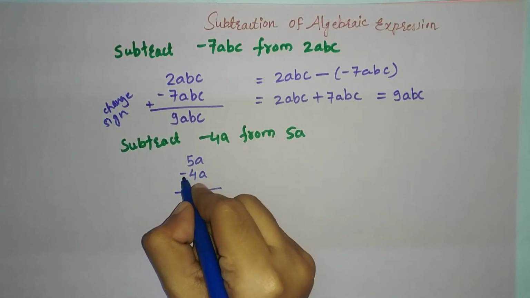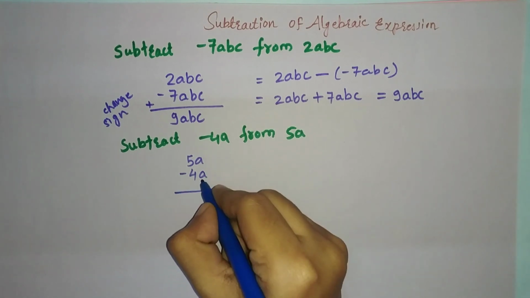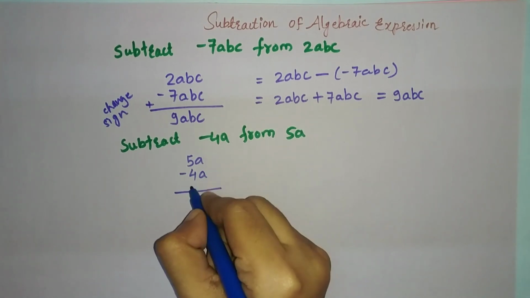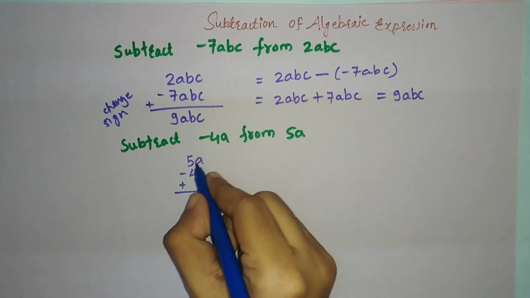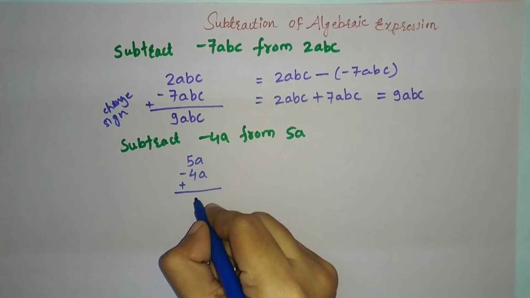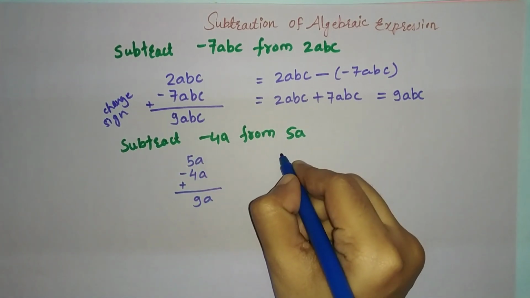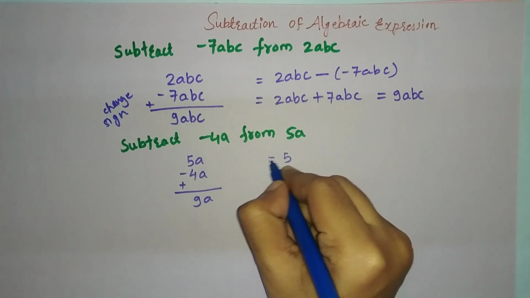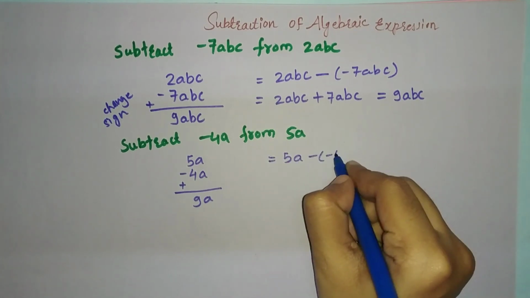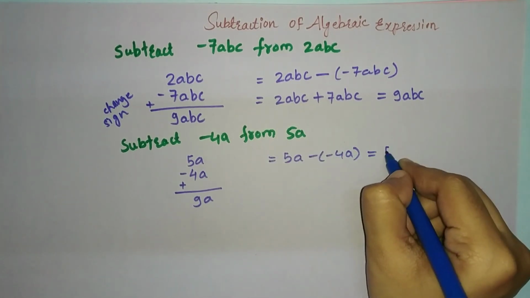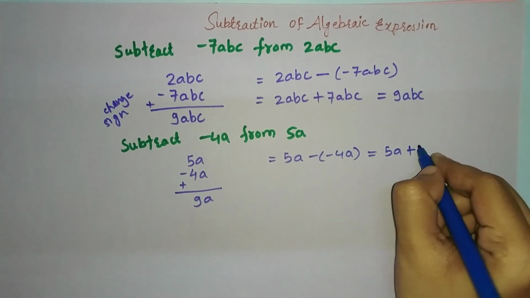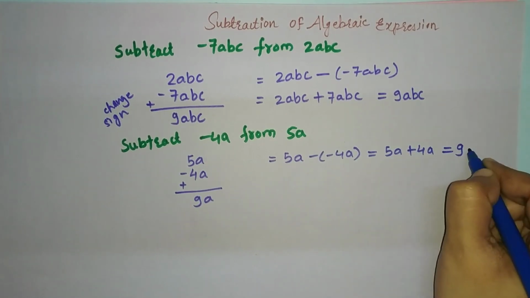And then, as we know that we need to change the sign of this subtrahend, here we'll write a plus after changing the sign. Now it becomes 5 plus 4, that is 9a. And if you want to see it in the horizontal way, you can write 5a minus of minus 4a, which becomes 5a minus minus, plus 4a, which is nothing but 9a.